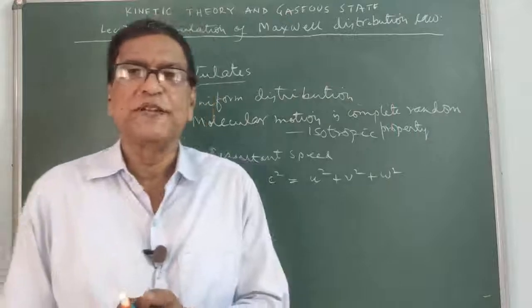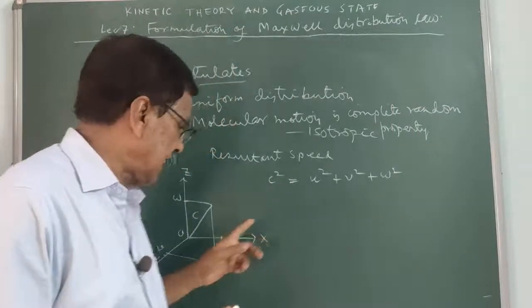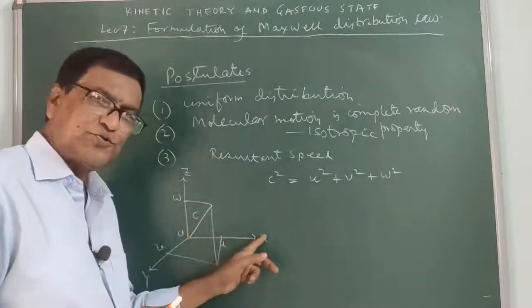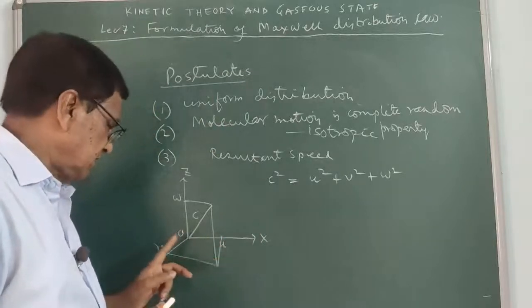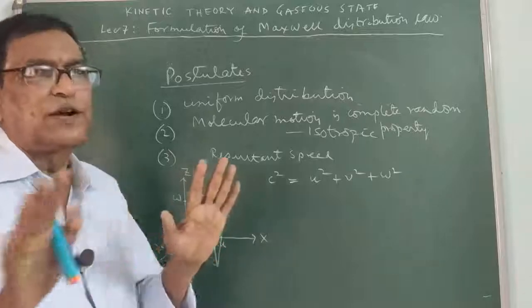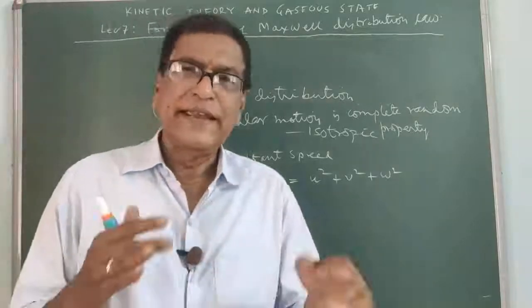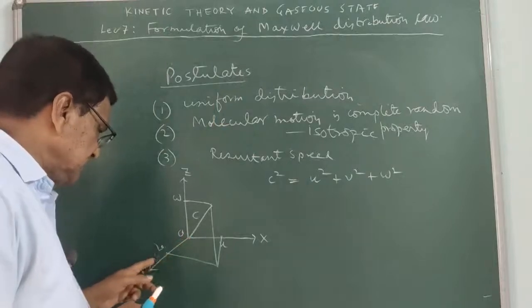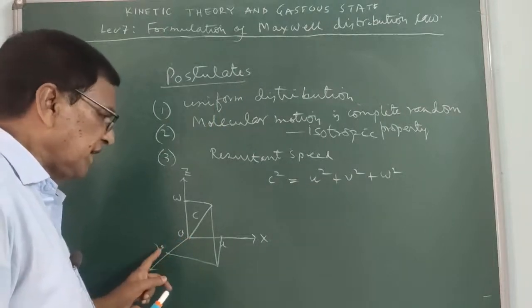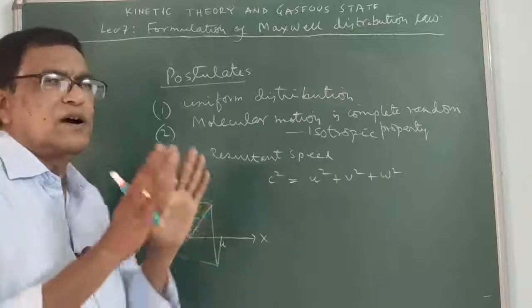Mutually exclusive means whenever the molecule is moving along the x-axis with a velocity u, v and w are equal to 0. Again, whenever the molecule is moving along the y-axis with a velocity v, u and w are 0.